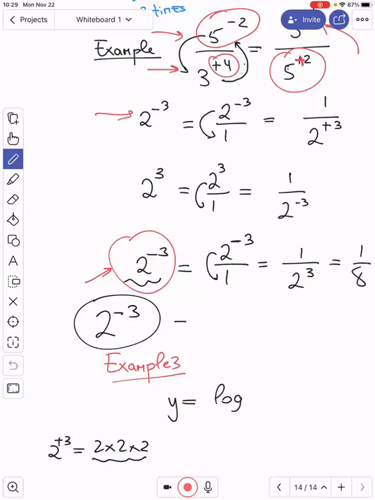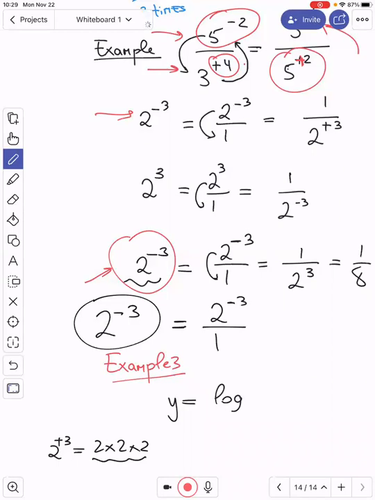And to change the sign of the exponent, you have to move it. If it's in the top, you have to move it to the bottom of your fraction, and if it's in the bottom, you have to move it to the top. So here, there's 2 to the negative 3. Of course, it doesn't look like a fraction, but you can just divide by 1 and now it becomes a fraction. Dividing by 1 doesn't change the number.